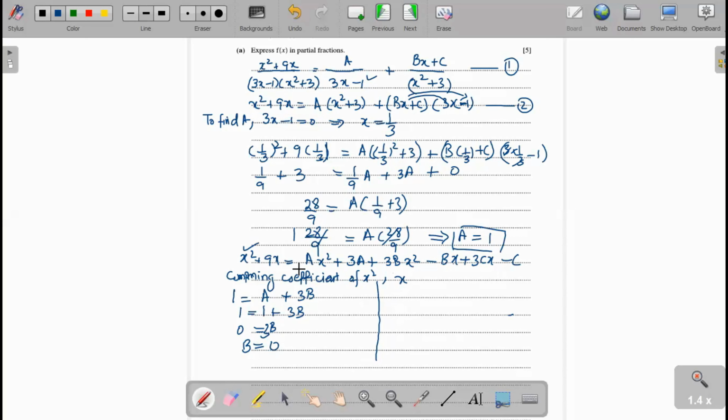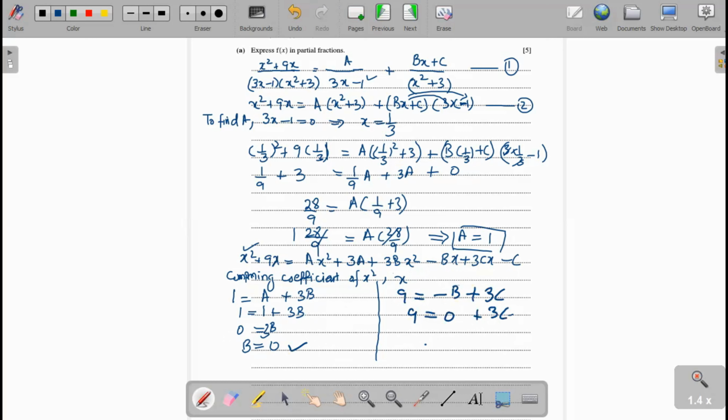Now comparing the coefficient of x, 9 equal to minus b plus 3c. Therefore, the coefficient of x is minus b and plus 3c. Here b is 0. Okay, now 9 is written as it is, equal to 3 times c.